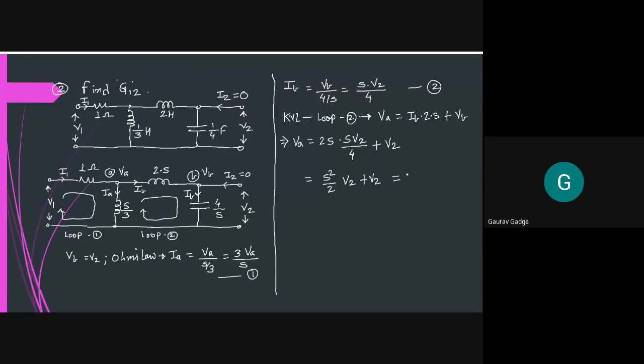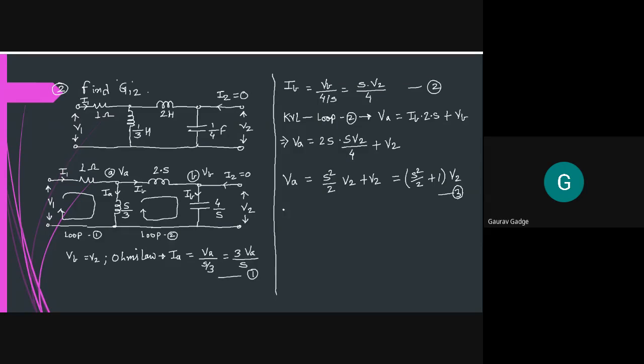Taking V2 common, I get the expression for VA: S square upon 2 plus 1, into V2. This is expression number 3.